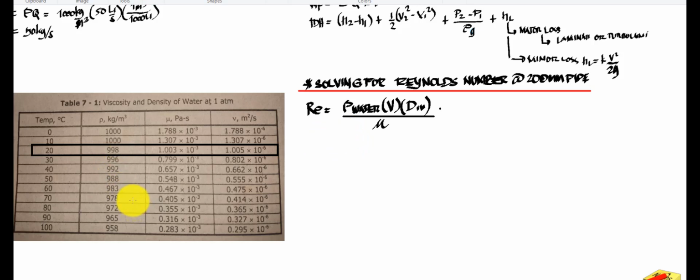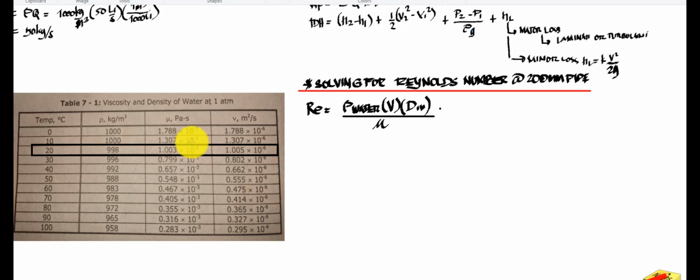For the velocity, we do not know the velocity. The inside diameter is also given, that is 0.2, then 1.0 times 10 to the power of -3.